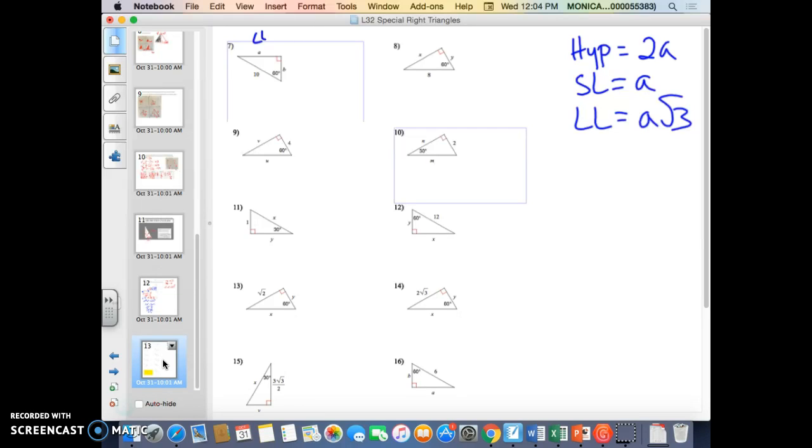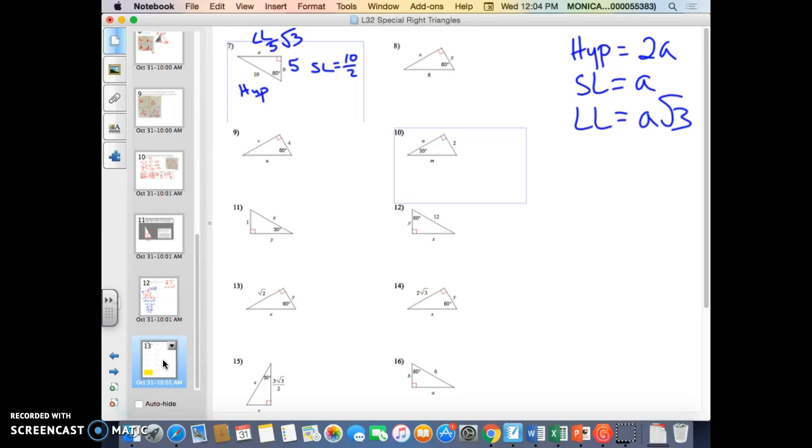Across from 60 degrees, that's the long leg, this is the short leg, and this is the hypotenuse. So if the hypotenuse is twice the short leg, the short leg is just going to be the hypotenuse divided by 2. So this is 5. And then the long leg is just going to be the short leg times the square root of 3. So this would be 5 square root of 3.